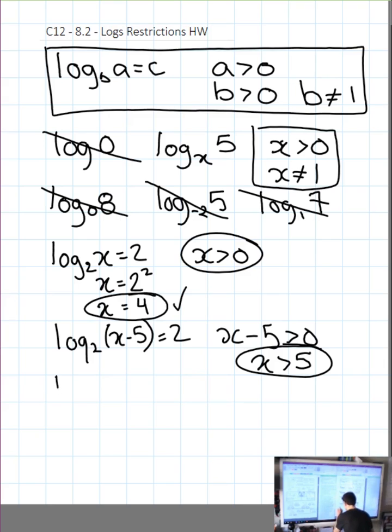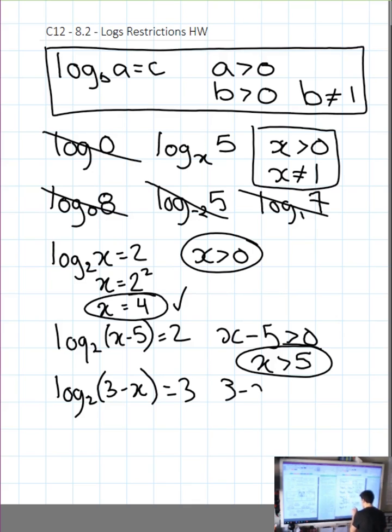Let's see another interesting example. Log base 2 of 3 minus x equals 3. So again, in the notes, you can see the solution. I'm just going to work on the restrictions. The thing that we are logging needs to be greater than 0.